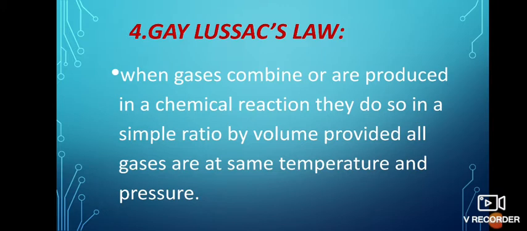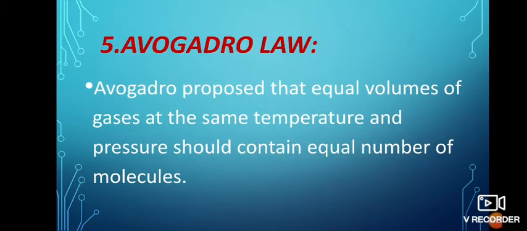For example, when nitrogen reacts with hydrogen, the volume of nitrogen is 1 and the volume of hydrogen is 3. Then you can say that the ratio of volume of nitrogen and hydrogen is a simple ratio, which is 1:3.